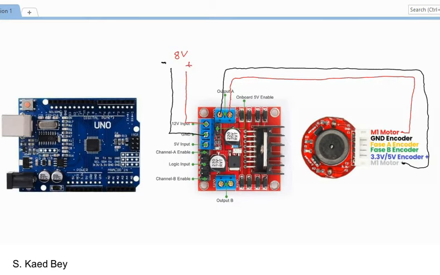For this type of brush DC motor, it's okay if you wire the red one to the negative one, because that's going to affect your direction, which is in any way controlled by the 2 pins which are here.